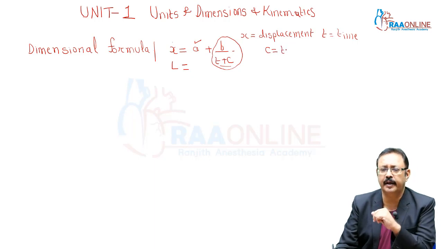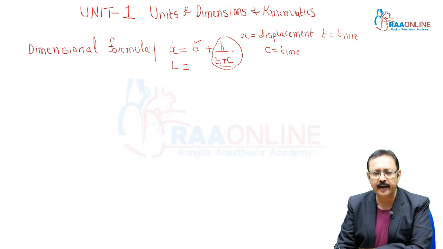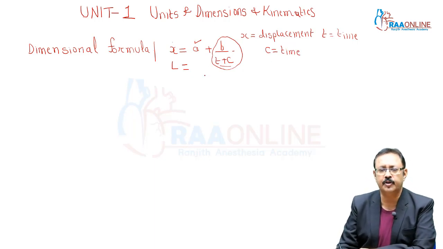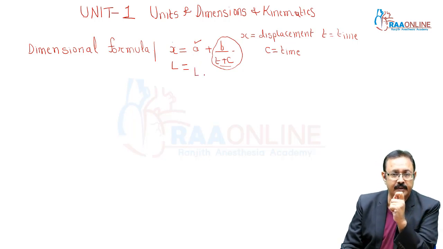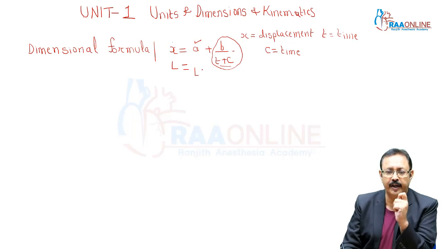So C should be time. If we are adding T and C, the answer should again be time. But length can be the sum of two lengths. So A should be length. Because kg plus kg, the answer was again kg. So A should be meter, meaning length. And this B upon T, time plus time is again time. It should also be length.